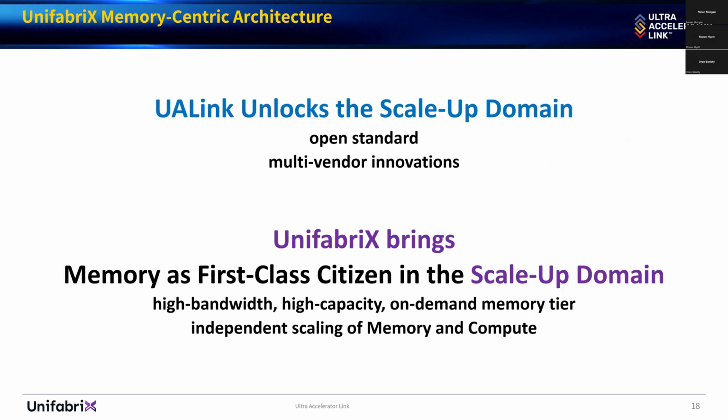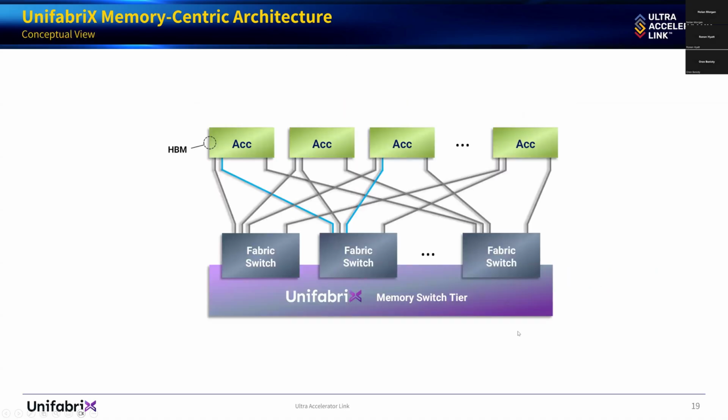And we at UniFabrics bring memory as a first-class citizen in the scale-up domain, meaning we bring a high bandwidth, high capacity, on-demand memory tier, and we provide independent scaling of memory and compute. What we do in UniFabrics in the context of UALink is create a memory switch tier, which is available in the scale-up domain natively via UALink as UALink memory.